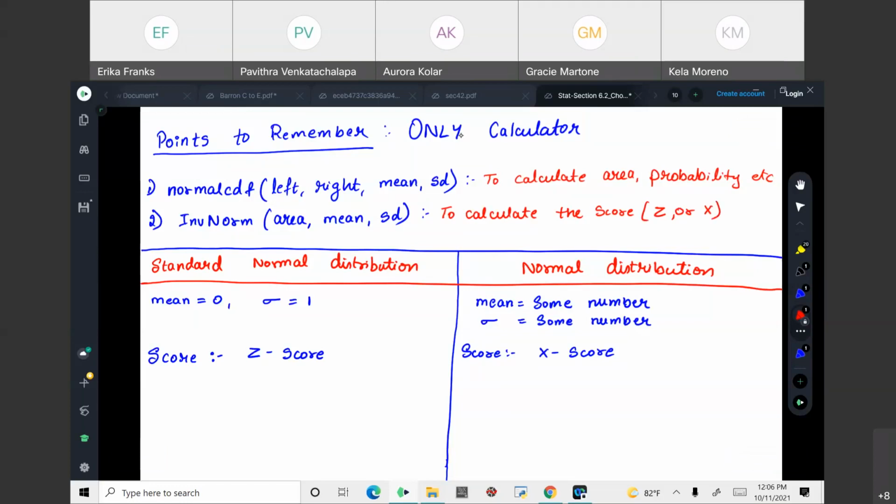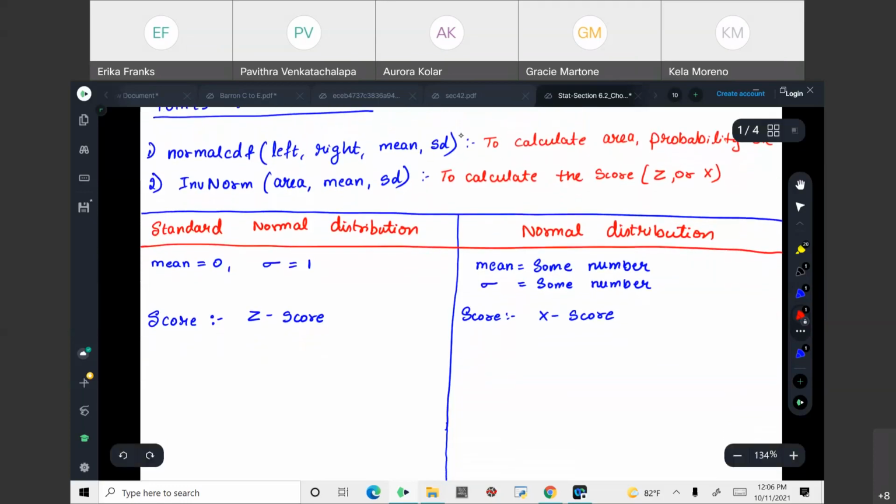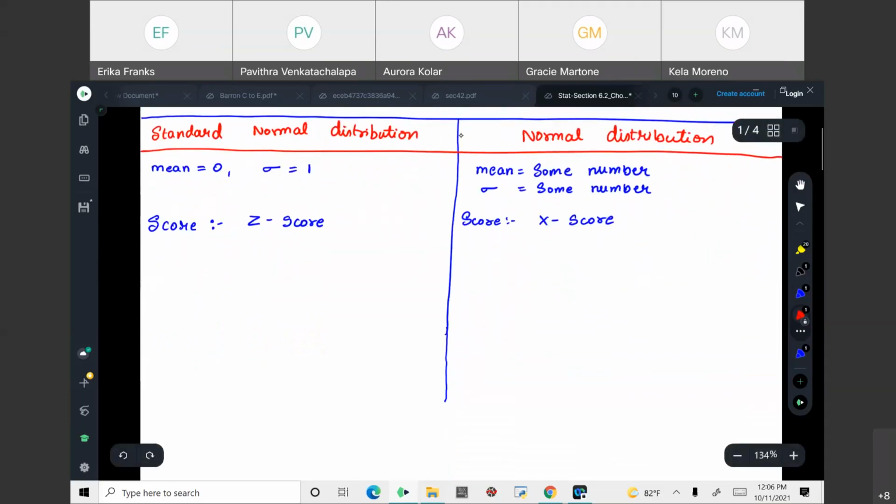So how do you find out which scores you have to calculate? In your question, it will always be mentioned whether it is a normal distribution or a standard normal distribution. So you have to identify which scores you will be calculating depending on the question. Now, to find the area, I told you that we use normal CDF.